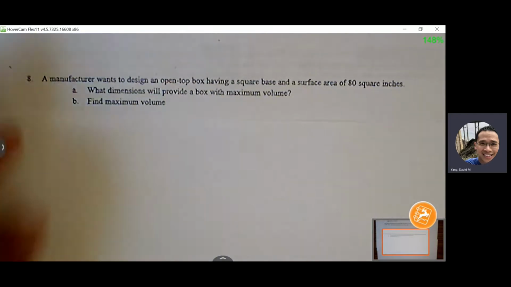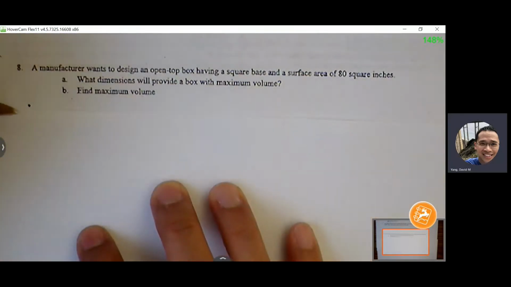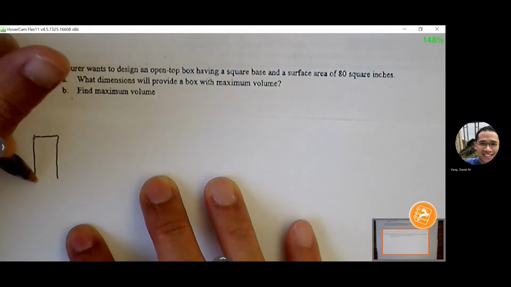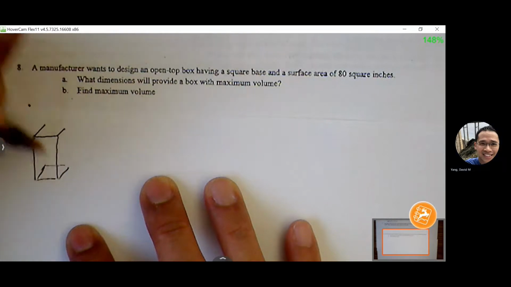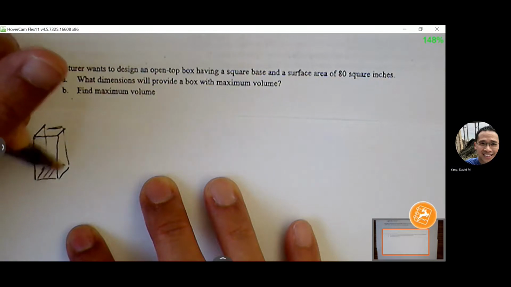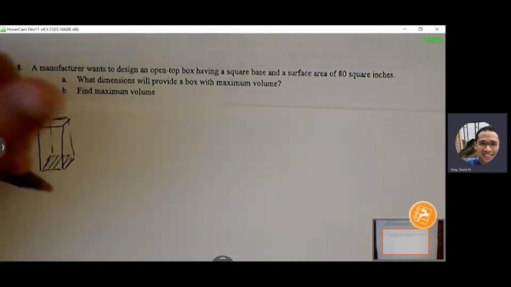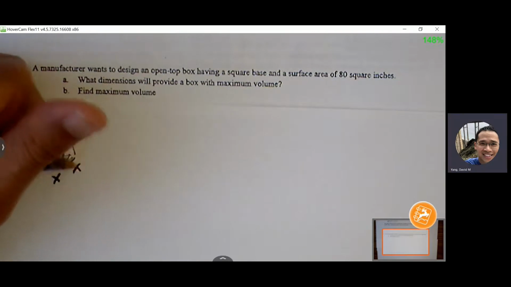Okay, so open top box with a square base. So that square base, I know the length and width will be the same value, so I'll call both of these x's. But we don't know what the height is, right?